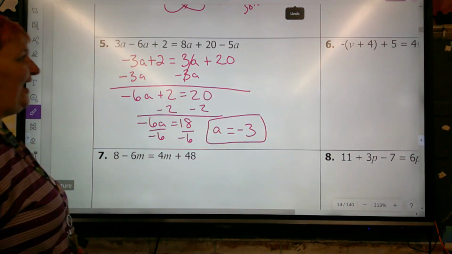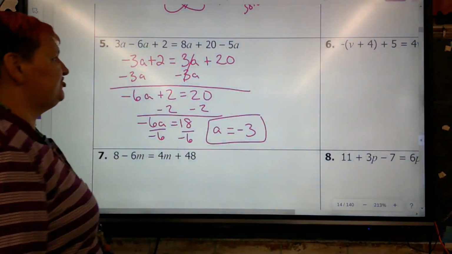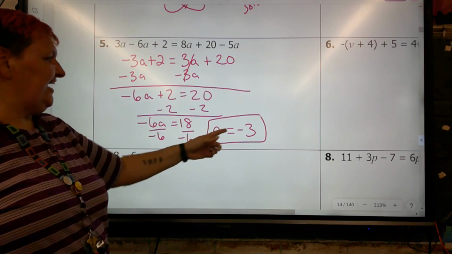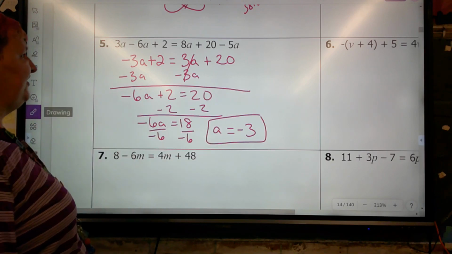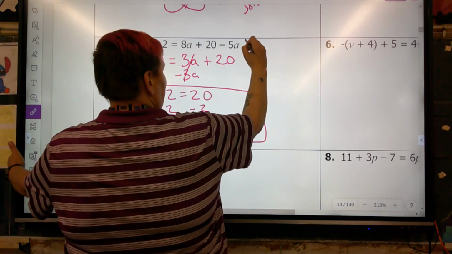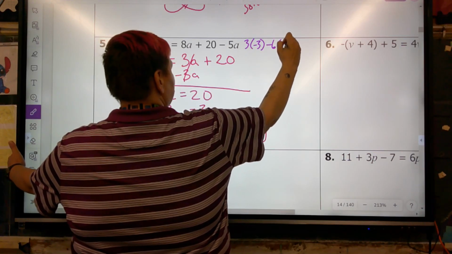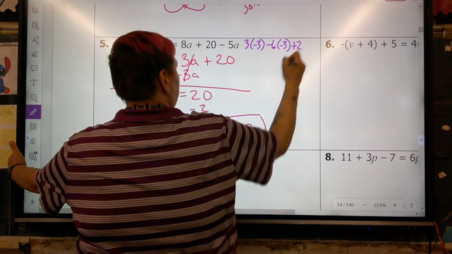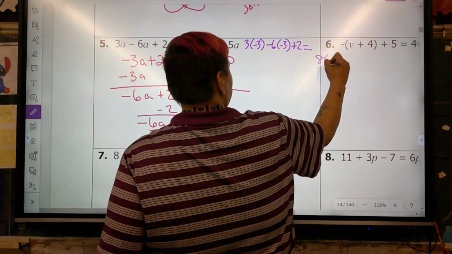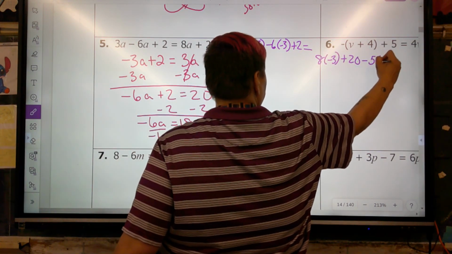And because this is math, if you're ever unsure, you could go back and plug it in and find out. We're saying a is negative 3. Let's find out if that's right. Pick one. It doesn't matter. So we're saying that 3 times negative 3 minus 6 times negative 3 plus 2 has to equal 8 times negative 3 plus 20 minus 5 times negative 3.